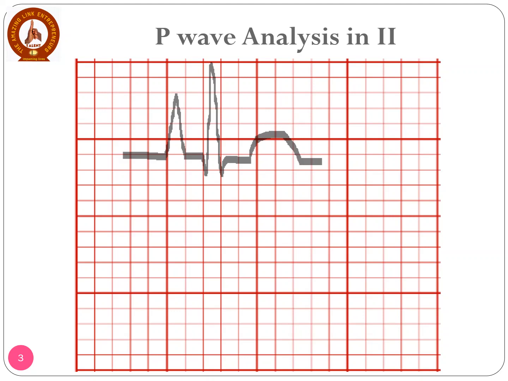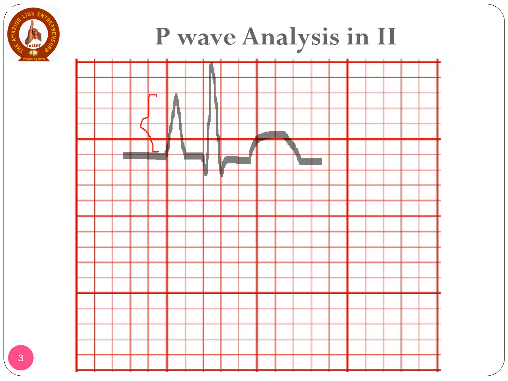The first wave that looks like this R wave is the P wave. It is peaked, it is tall. The amplitude is more than 2.5 millimeter. So this is the amplitude; for this one, it is 1, 2, 3, 4, that is 4 millimeter.